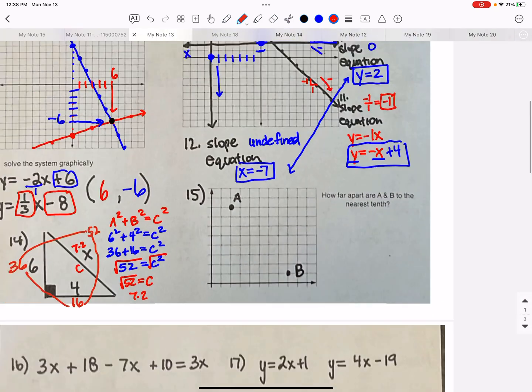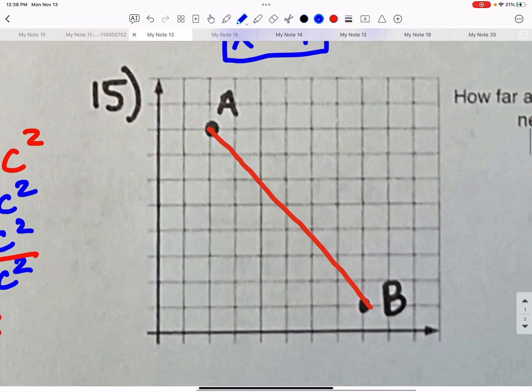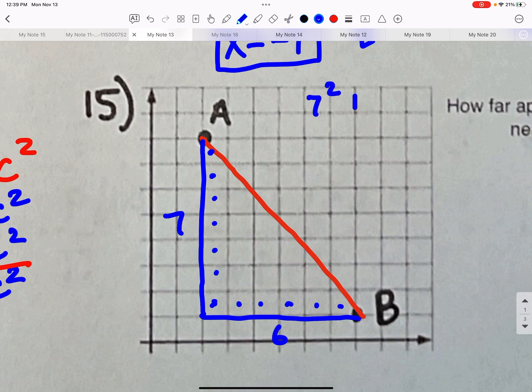Number 15 is exactly like number 14. We have a diagonal. But we can make a triangle using the boxes. This is 1, 2, 3, 4, 5, 6, 7 boxes. This is 1, 2, 3, 4, 5, 6 boxes. So we have 7 squared plus 6 squared equals I don't know squared. So once you square this side, it's 49.